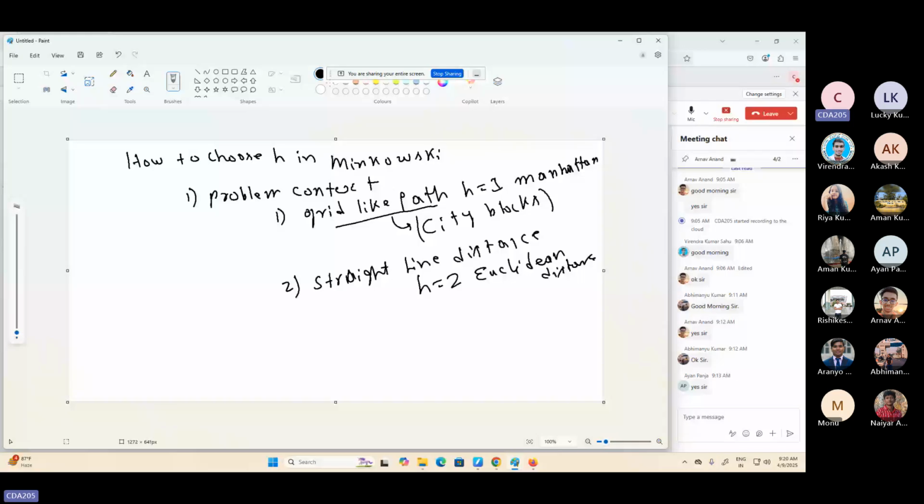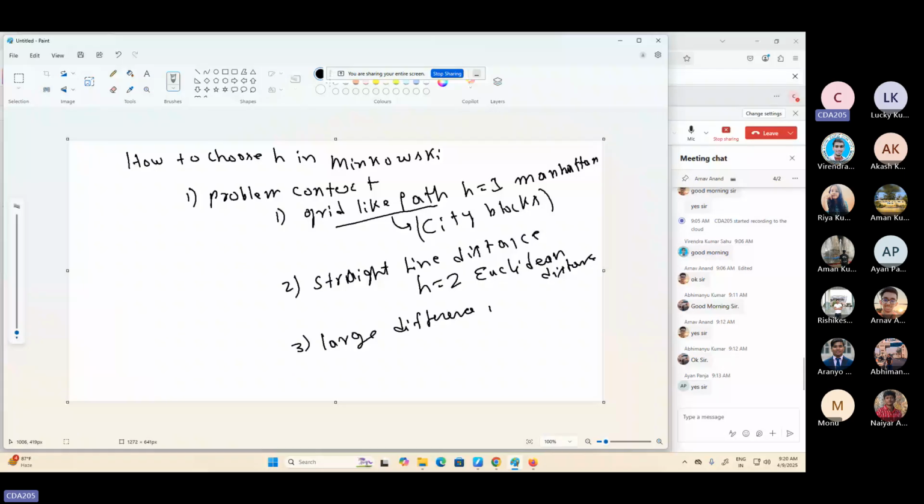Now, if there is a third case, a large difference in any one of the features, then we can use h equal to infinity.